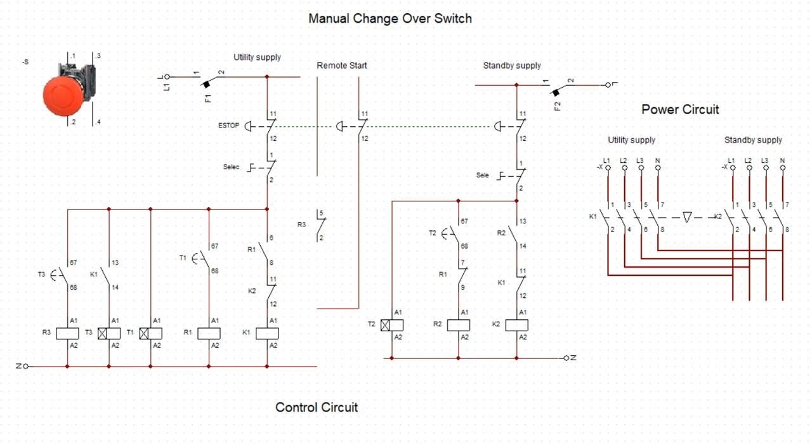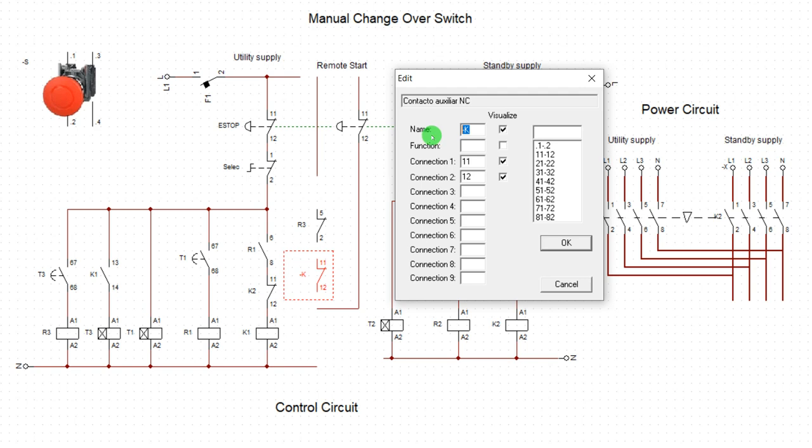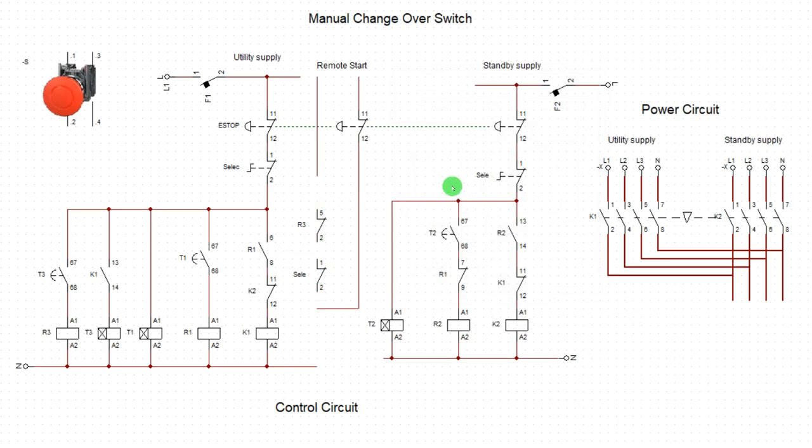Insert another one here, going to be 1 and 2. This off switch, at the back you attach another auxiliary, and that is this auxiliary. I taught you that. Check your exercise on how to put multiple contacts at the back of the auxiliary.